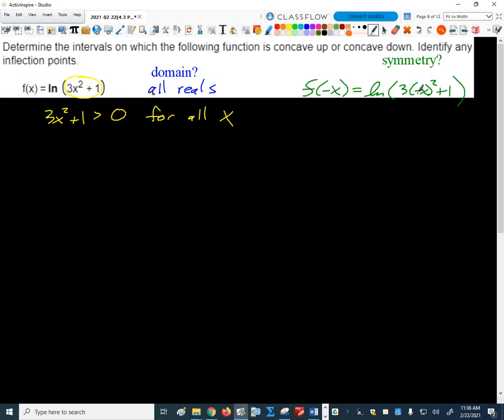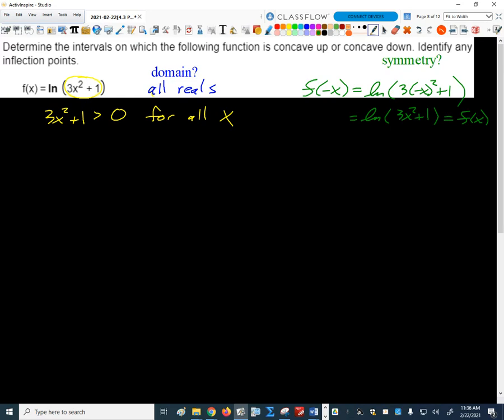The quantity negative x squared is just x squared, isn't it? And that's just f of x. So this thing should have even symmetry then, shouldn't it?